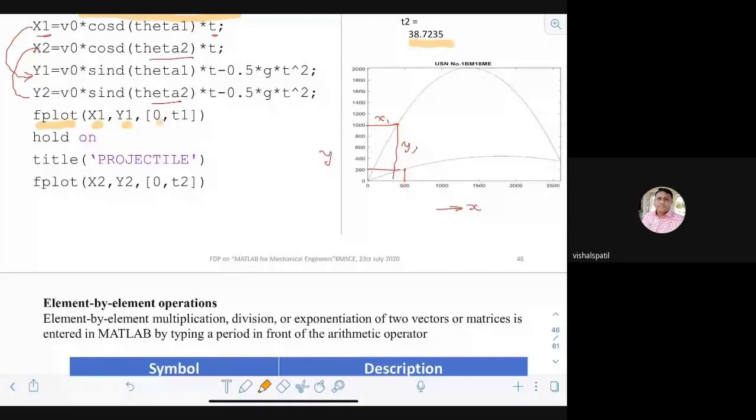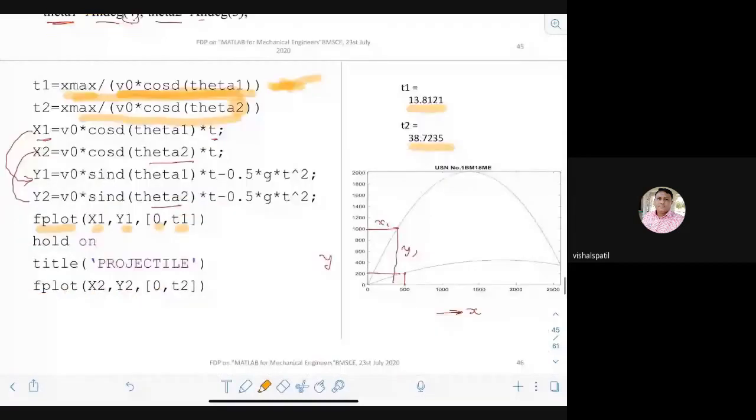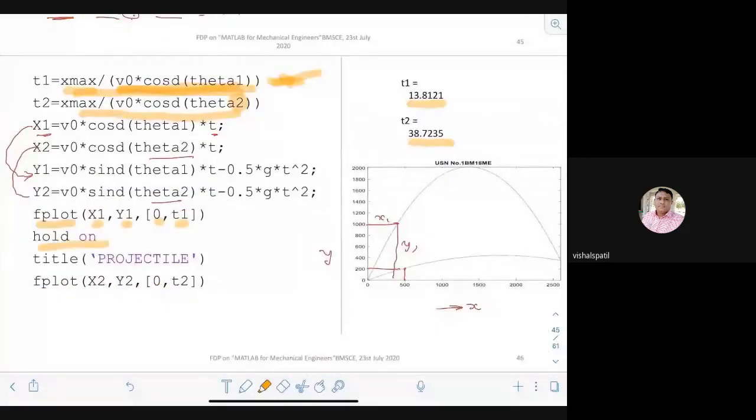T1 is the time taken by the projectile when it is fired at the first angle, that is 26 degrees. And similarly, say hold on, because otherwise when you plot the next curve, the first one will be erased. So if you don't put the hold on command, the first graph is erased. With hold on, you plot x2, y2 from 0 to t2. Remember, from 0 to t2 or 0 to t1 is automatically taken care of, and you get the corresponding x and y, and you get these two plotted here.